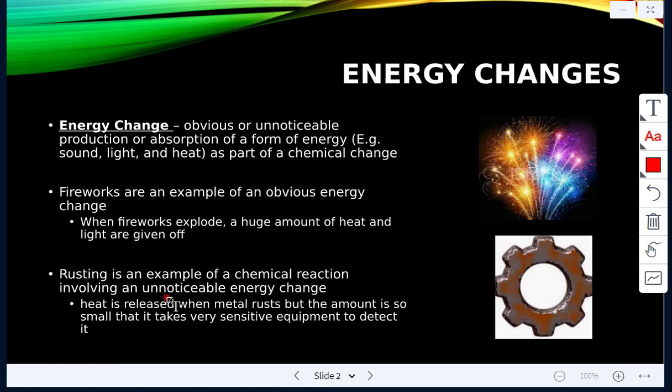Also, most importantly, when there's a chemical reaction, there's something new being produced, and this new product has its own new properties.